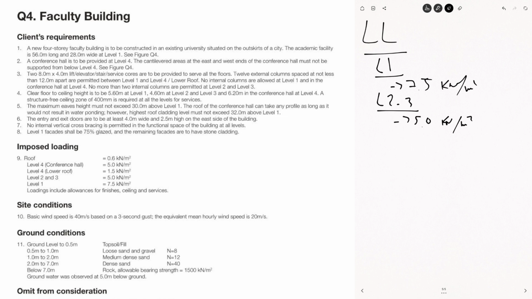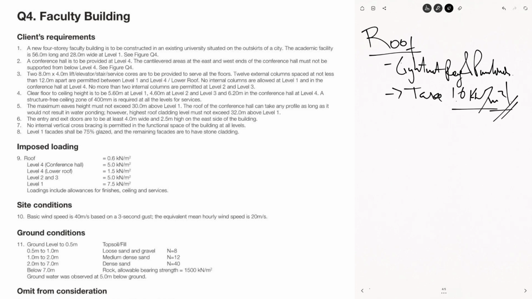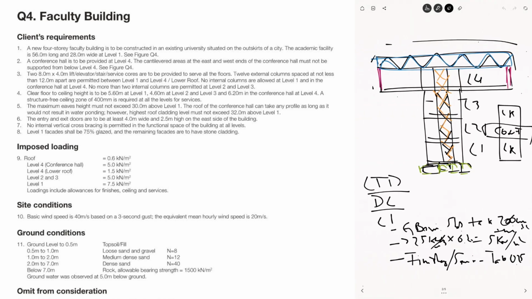Level 4 is divided in 2, because it says lower roof and conference hall. So our live load around here is 5, and our live load on the lower roof is 1.5, and in the conference hall is 5. Okay, right, my bad, I misread that.